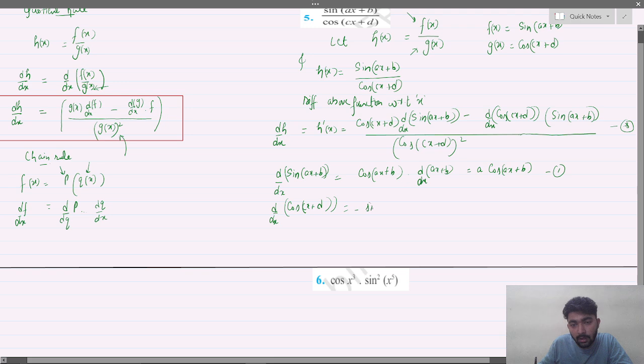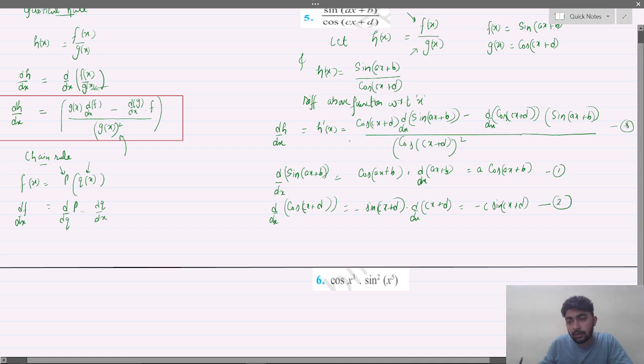It will be minus sine of cx plus d, and the derivative of again which function? D by dx of inner function, that is cx plus d, and what we get? Minus c sine of cx plus d.